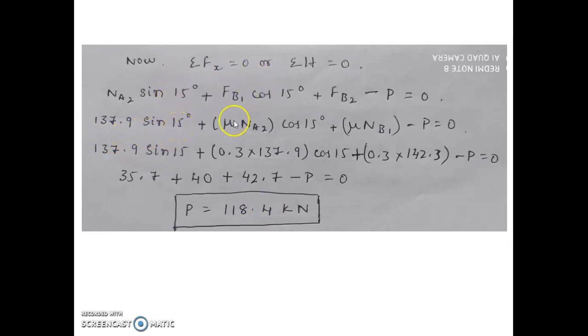For FB1 I substitute mu into Na2. Limiting friction F is equal to mu times normal reaction. So instead of friction F, I substitute mu into the normal reaction.